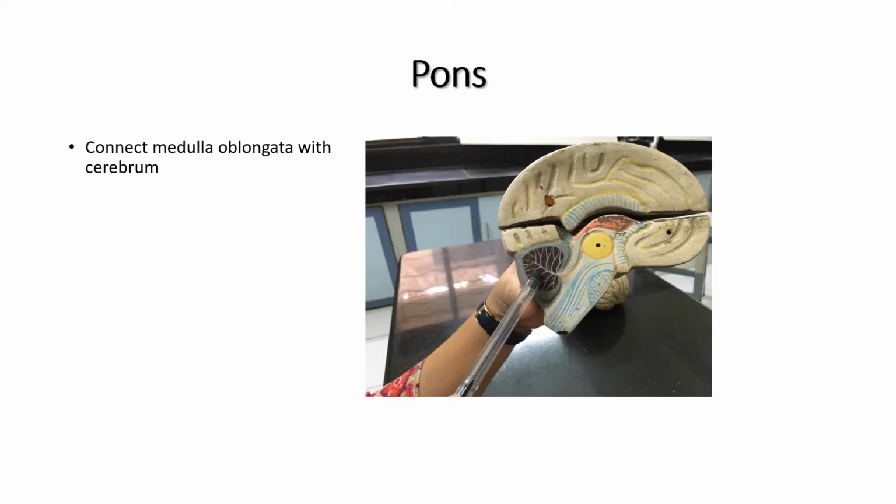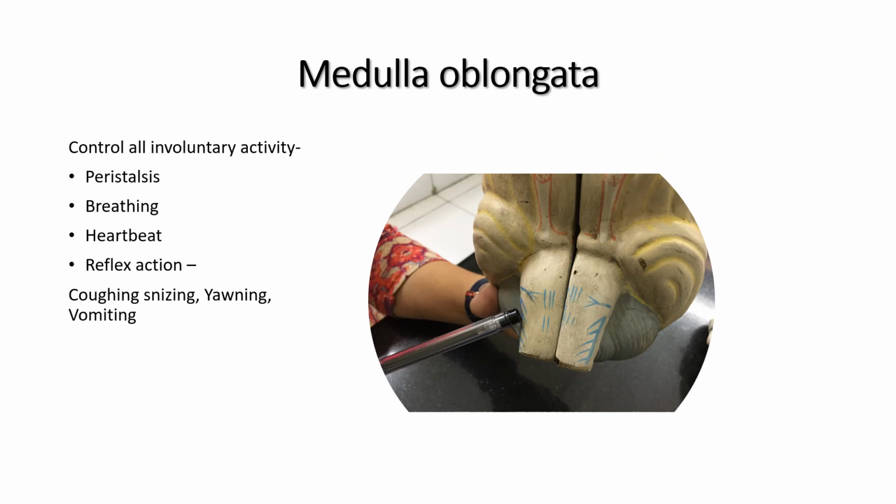The pons is a band of nerve fibers which connects the medulla oblongata with the cerebrum. So it forms a connection between the hindbrain and the forebrain. The medulla oblongata is the last part of the hindbrain as well as the last part of the human brain.